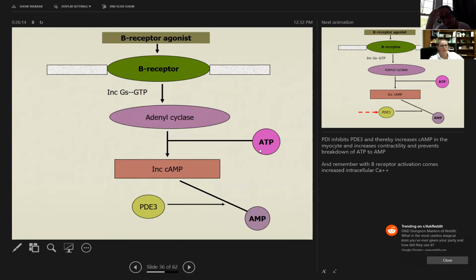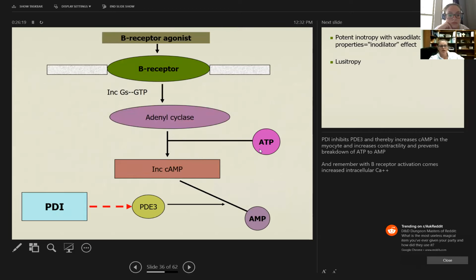So for those of you who think in pictures, your phosphodiesterase inhibitor comes in and blocks the effect of phosphodiesterase 3, so cyclic AMP does not get broken down as much.